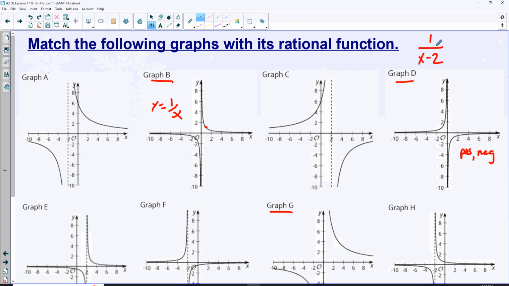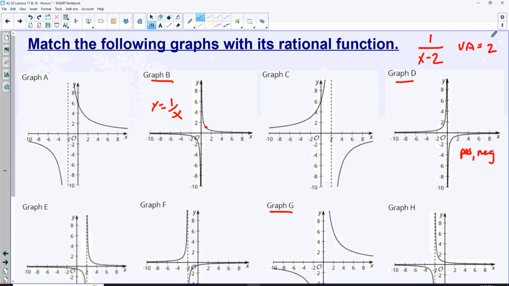Vertical asymptote. Where's the vertical asymptote? Let's see, what would force us to divide by 0? 2. The vertical asymptote is 2. Hey, isn't this a lot of the same thing like we did with factors and intercepts and all that other stuff? Same idea, right?